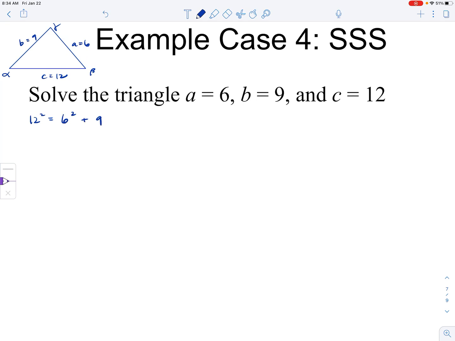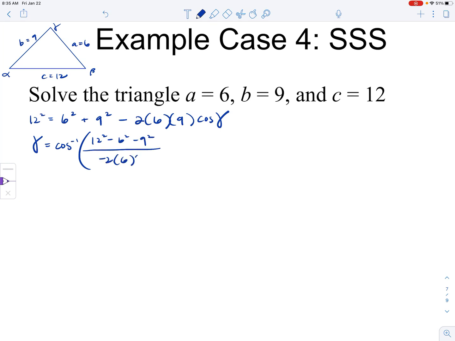If we're solving for gamma, we'll have 12 squared on the left-hand side equals a squared plus b squared minus 2 times a times b times cosine of gamma. So gamma equals inverse cosine of 12 squared minus 6 squared minus 9 squared divided by negative 2 times 6 times 9.